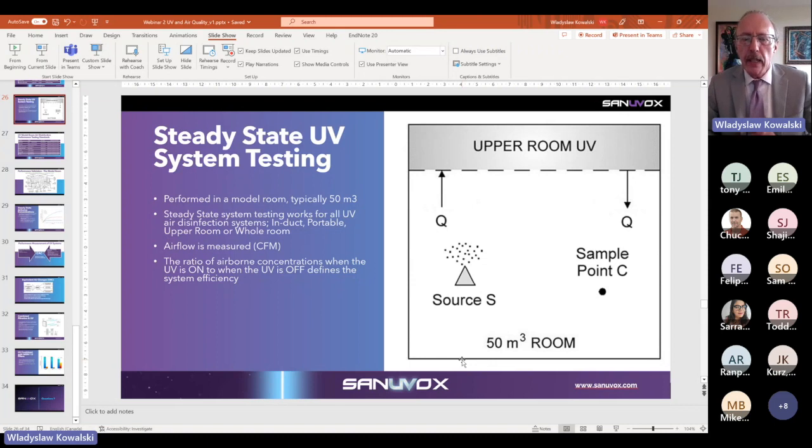The standard means of determining the system efficiency, and this goes back at least 80 years, is the steady state UV system model. They build a room, typically 50 cubic meters. They inject a source, and that source may be Serratia marcescens, MRSA, Staph aureus, or any other microbe considered a target.